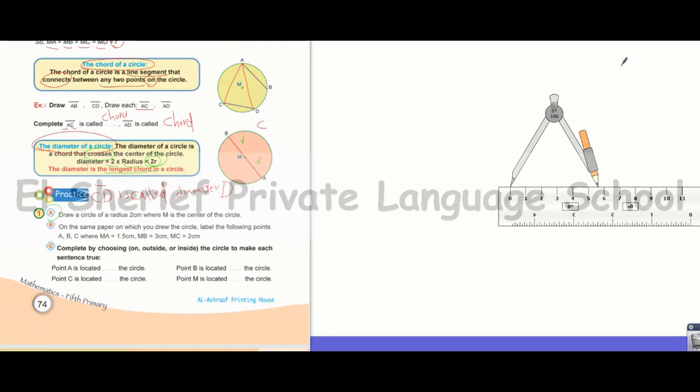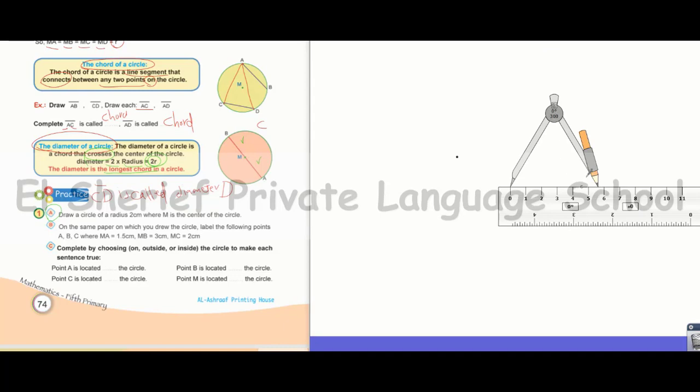First, draw a circle of radius 2 centimeter, where M is the center. So we need to draw the circle M, with radius equal to 2 centimeter. How to do that? First, we put the center.